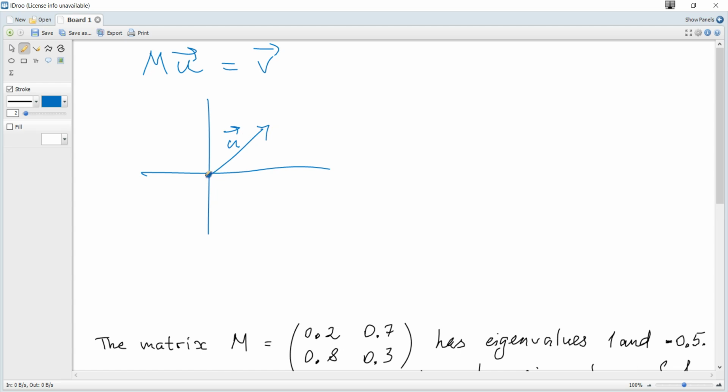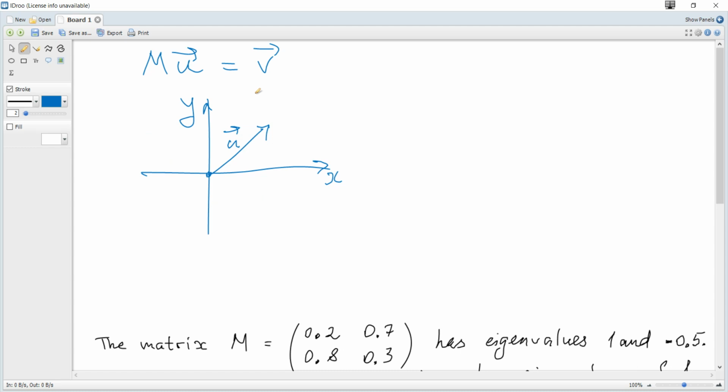It starts at the origin, and you know that the coordinates of a vector are the coordinates of the endpoint minus the coordinates of the starting point. But since the starting point is 0, 0, the coordinates of the endpoint will be the same as the coordinates of the vector.